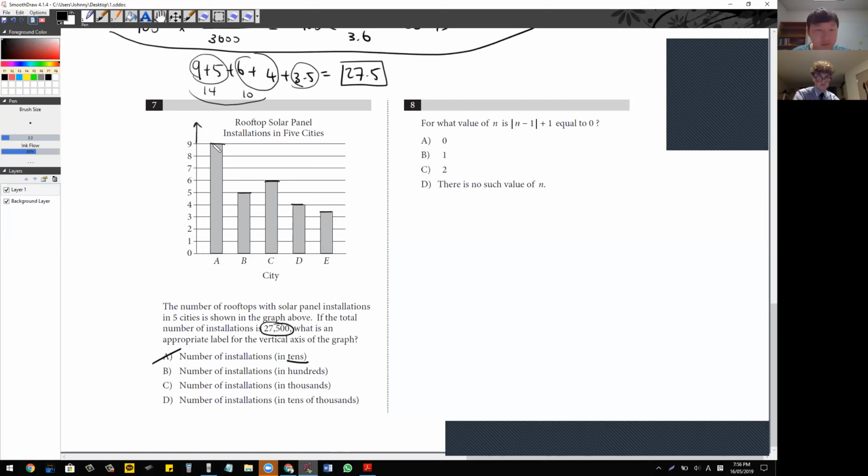Then this will be 900 plus 500 plus 600, 400, then this will be 350, right? Is that really equal to 27,500? Oh no, I don't think so. That's too low. It should be thousands. 9,000, 5,000. I see that now.